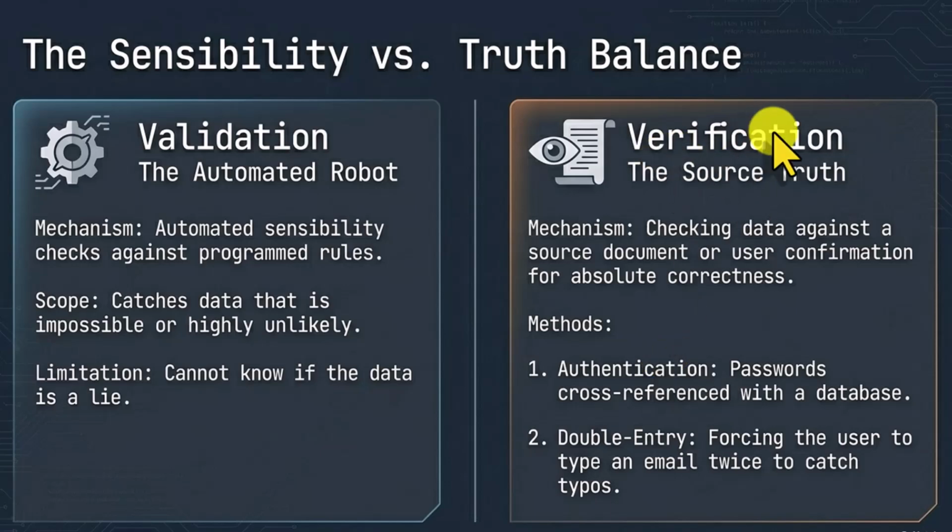So that is verification, checking if it is true. Or double entry, forcing the user to type an email twice to catch typos. So they are validation and verification. Validation is simply checking the data against some rules, and verification is comparing that with the source truth to say if it is a lie or the truth.